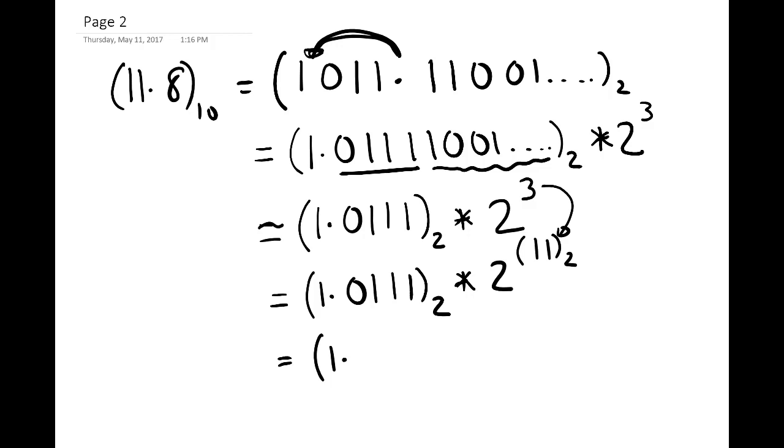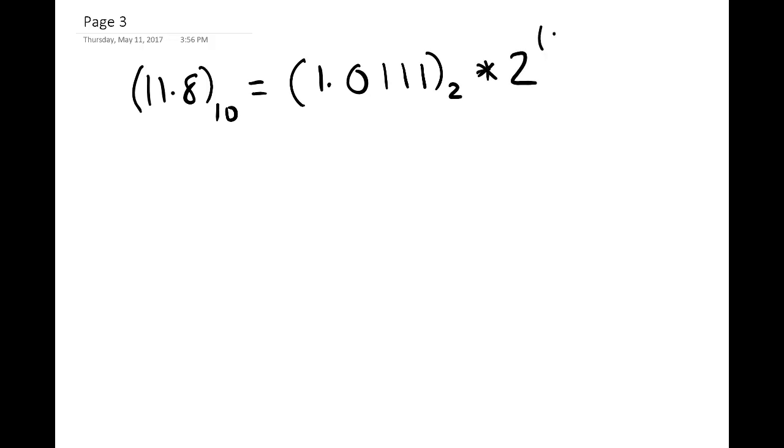But again, we're going to make a small change. We're going to say this is multiplied by 2 to the power 011 base 2. The reason we're doing 011 rather than 11 base 2 is because we have 3 bits available for the magnitude of the exponent. So let's repeat this.